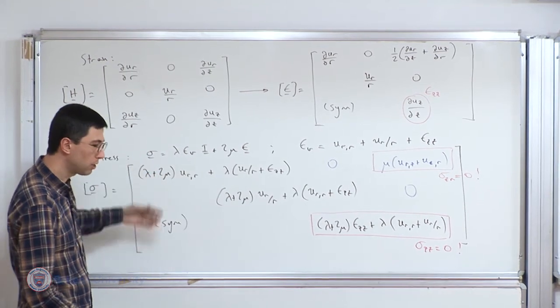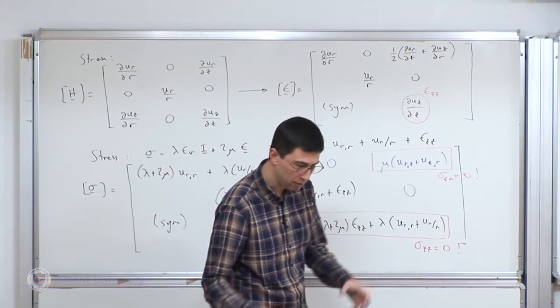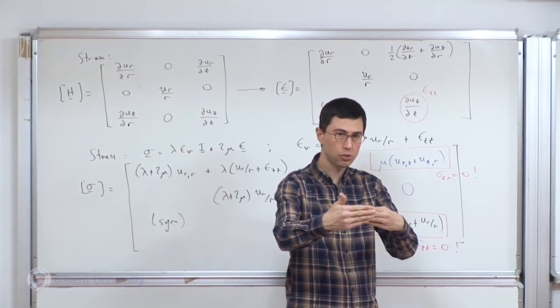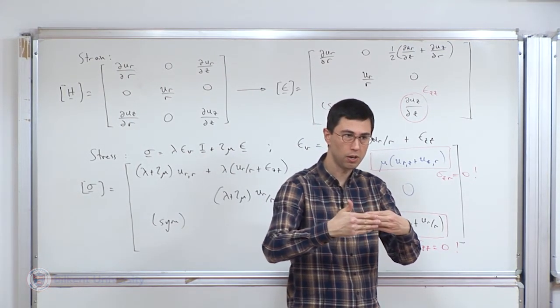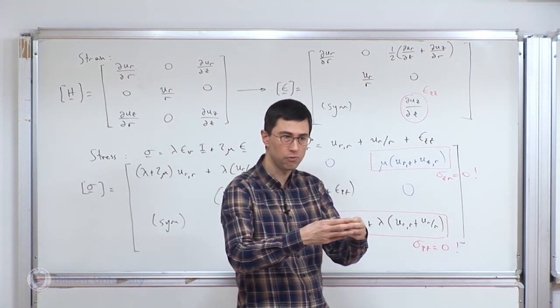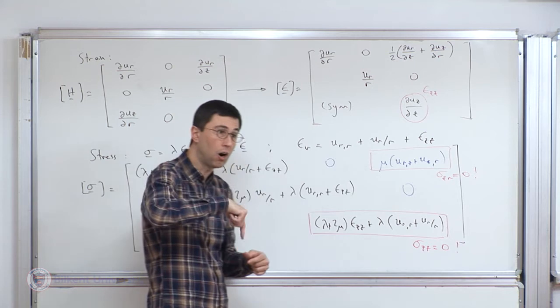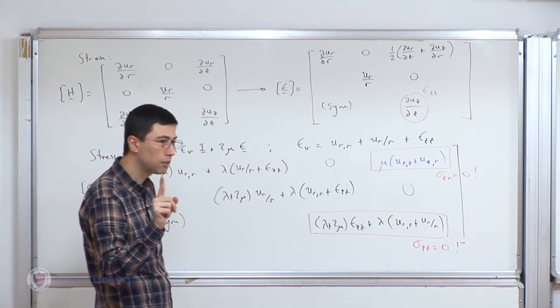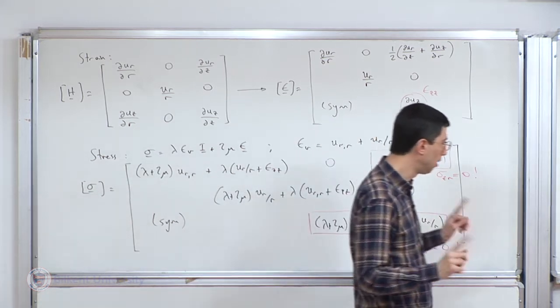The disk is rotating, but on the outer surface, on the plane with normal in the direction R, the disk is not subject to any traction, it's traction-free. So sigma RR at R equals A, the outer radius, should vanish. That is only a single condition, but we only have one free parameter anyway.